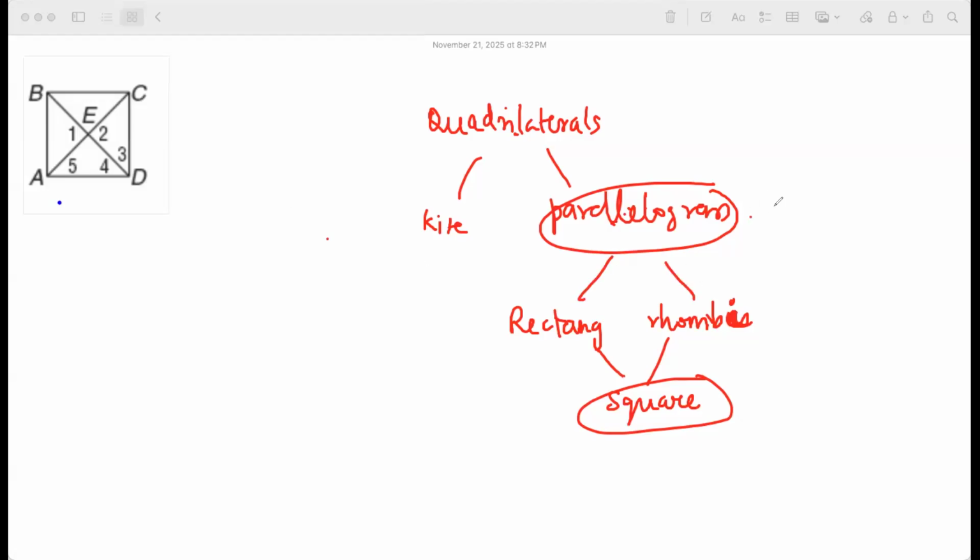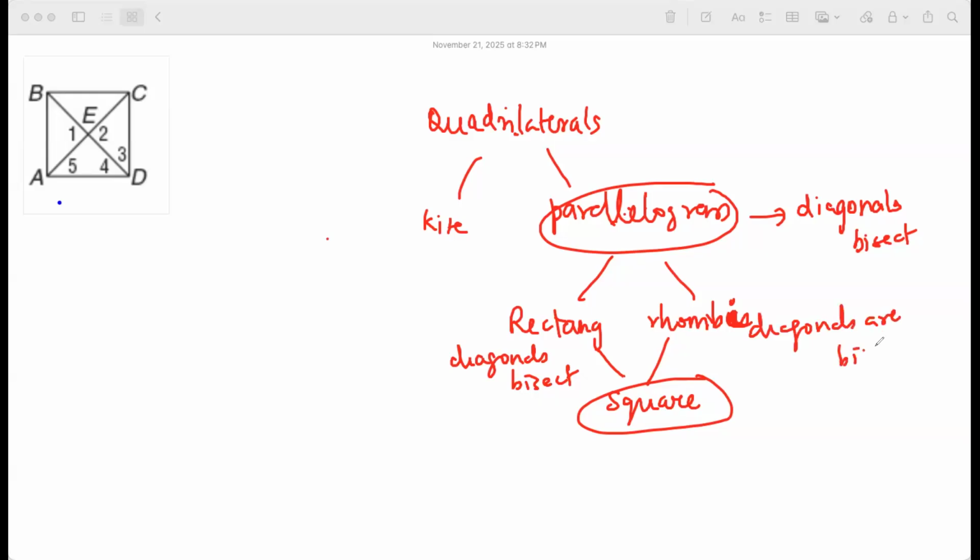So here, diagonals bisect each other. Naturally, diagonals are going to bisect here, bisecting each other. Here as well, diagonals will bisect.